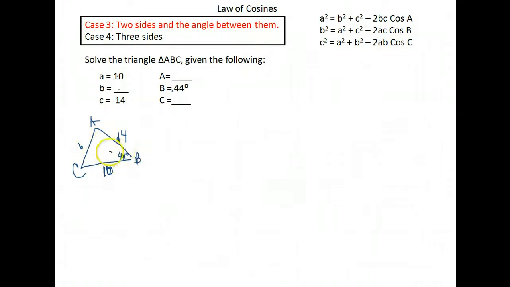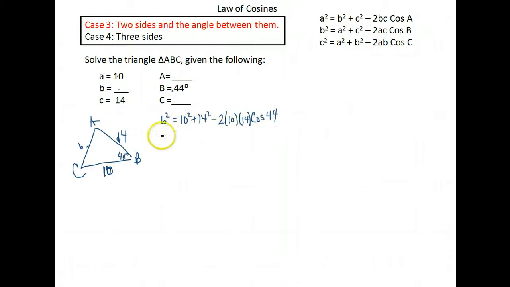Okay, so here's our known angle. We start with the side opposite that known angle, the side squared. So just B squared for now, equals the other two sides squared and added together. So 10 squared plus 14 squared, minus 2 times those two sides multiplied together, times the cosine of our angle.